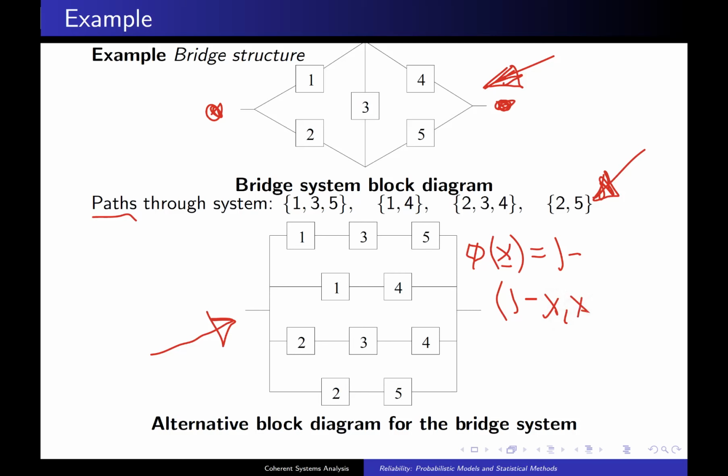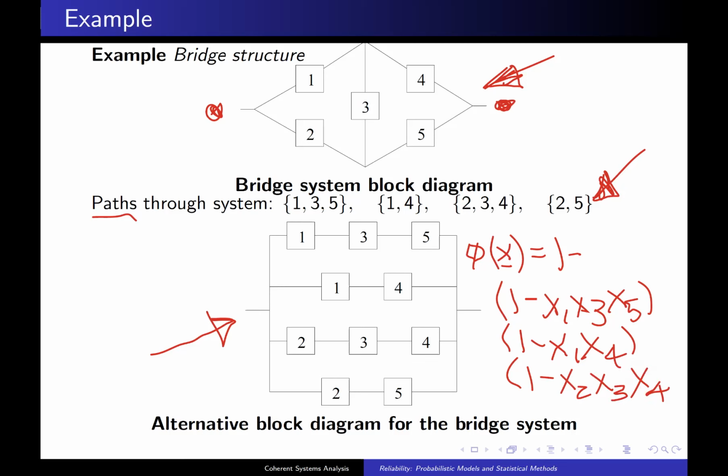That's x1, x3, and x5, and that gets multiplied by the next subsystem, which is 1 minus x1, x4. That gets multiplied by the next subsystem, which is x2, x3, x4. These are being multiplied because they are series systems. And then the last one here, running out of room, is 1 minus x2, x5. And that is the structure function for a bridge system.